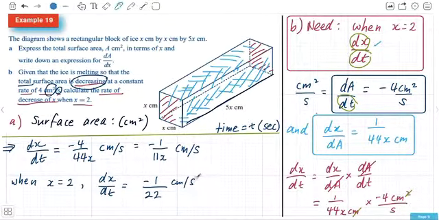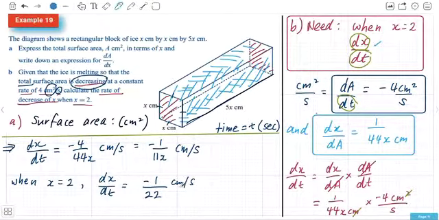And you could do that with decimals if you wanted to, but I'm just going to leave it that way. So that tells us in terms of the sides or the edges that each of these sides here on the square ends are changing in terms of their length with respect to 1 over 22 centimetres per second.